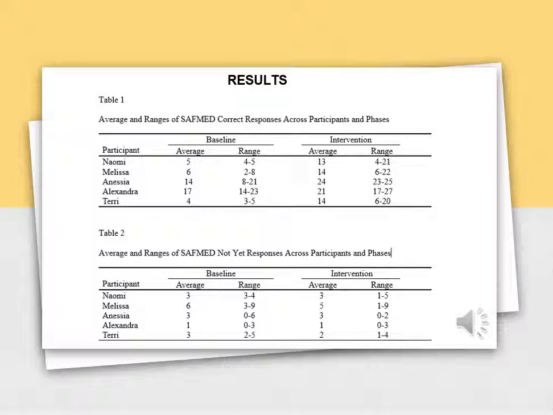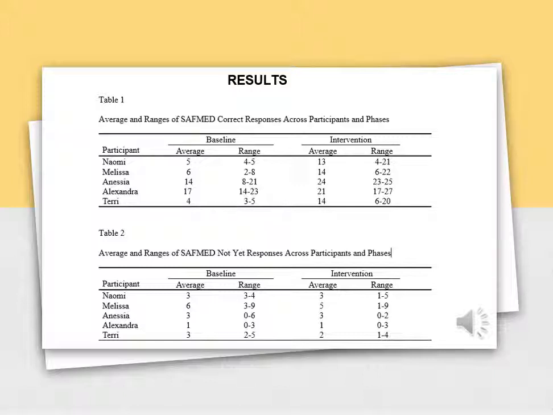Whereas the range for baseline was Naomi 4 to 5, Melissa 2 to 8, Anessa 8 to 21, Alexandra 14 to 23, and Terry 3 to 5.